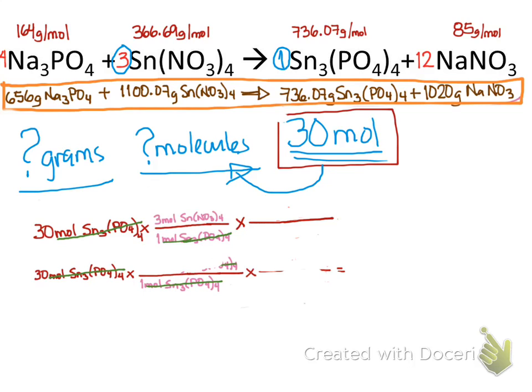Then I cancel, I have moles of tin nitrate, and then I know that 1 mole of whatever, in this case 1 mole of tin nitrate, equals how many molecules of tin nitrate?